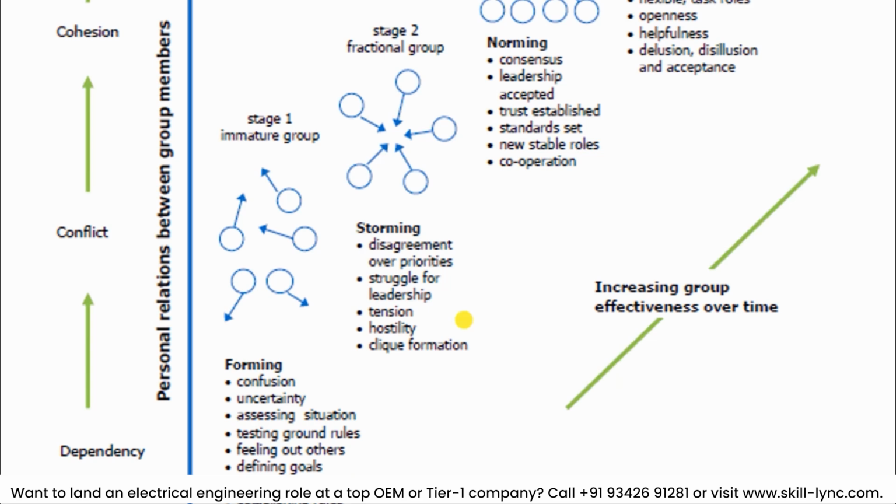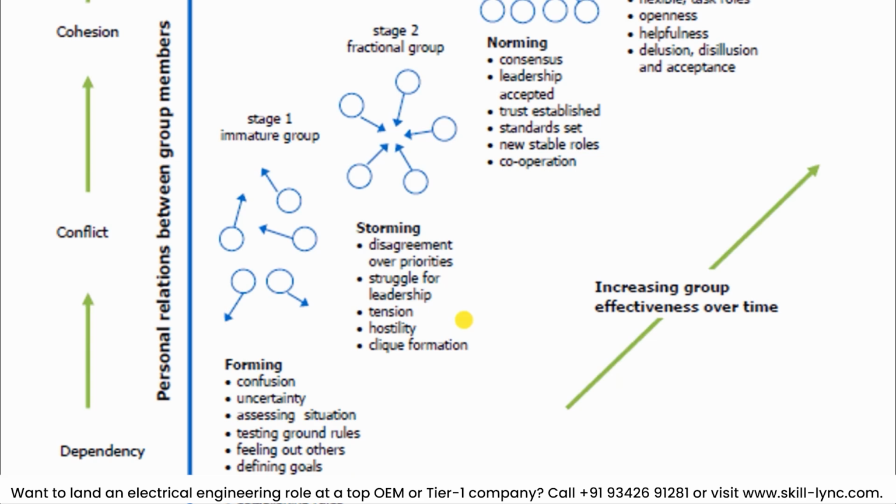So the group is not fused together. There are different factions to it. Within the factions there will also be a struggle for leadership, unless there's an actual team leader or project leader assigned, but still the project leader is also a part of the group.